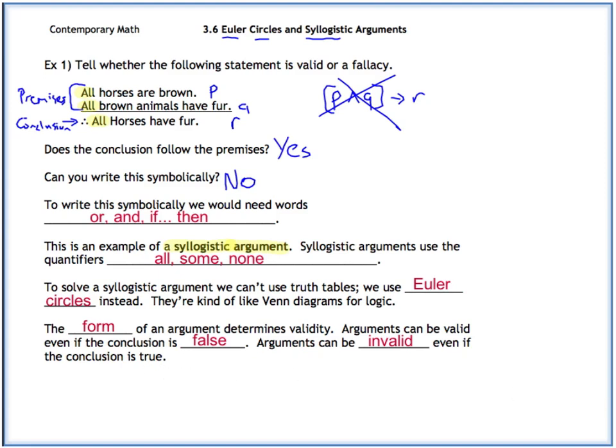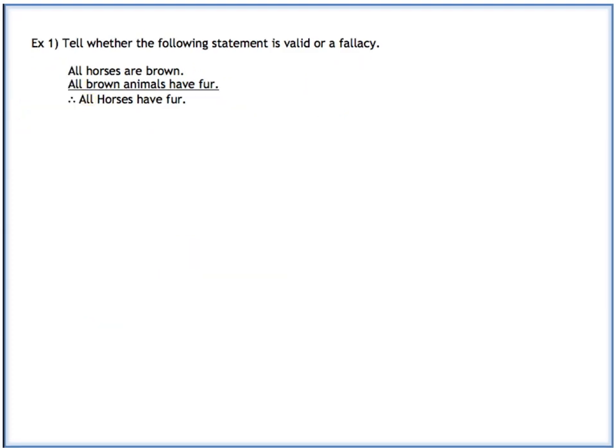So let's talk about how we can use these Euler circles. First, we want to tell whether the following statement is valid or a fallacy. And we have all horses are brown, all brown animals have fur, therefore all horses have fur. And just reading it, it kind of makes sense to us. But let's talk about how we can make Euler circles. So first off, it says all horses.